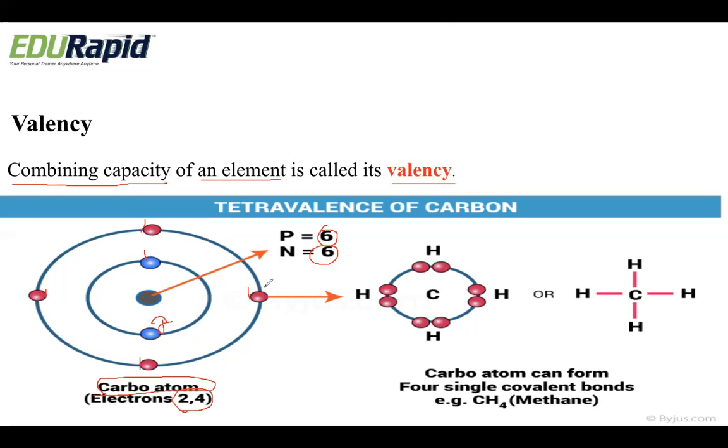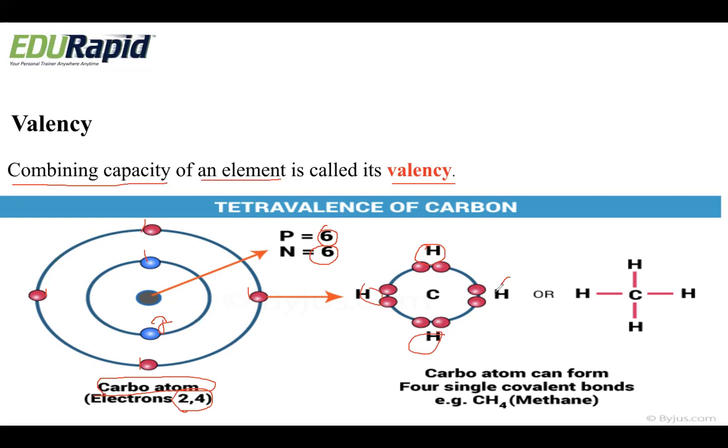So what do we mean by valency? It is the number of electrons present in the outermost shell. How many electrons are present here? 4. So what is the combining capacity of carbon here? It is 4. It has the capacity to combine with 4 atoms. Here the carbon is combining with 4 hydrogen, resulting in the formation of a compound called methane.